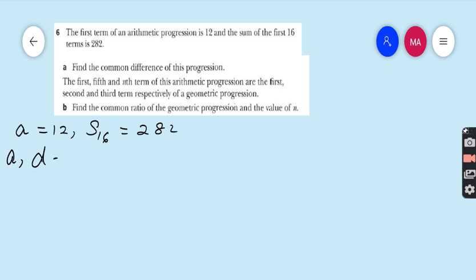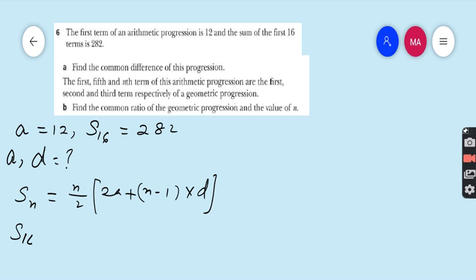Find the common difference. So we have to use the formula of the sum of an arithmetic series, Sn is equal to n upon 2 into 2a plus n minus 1 into d.